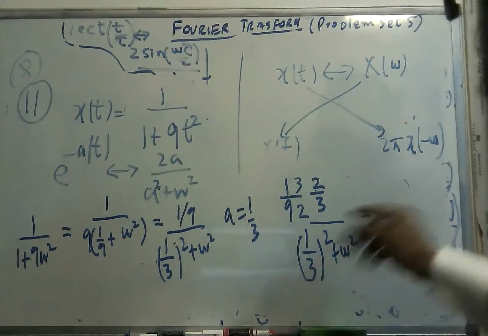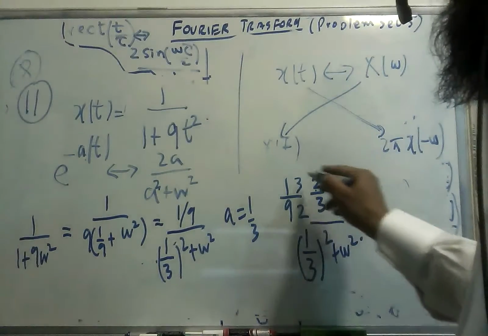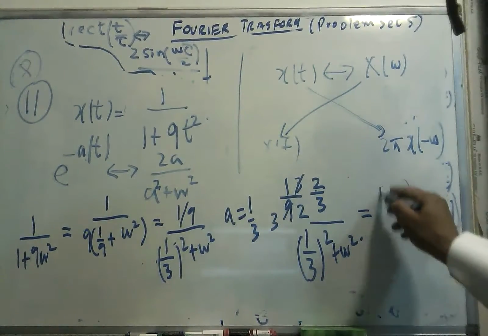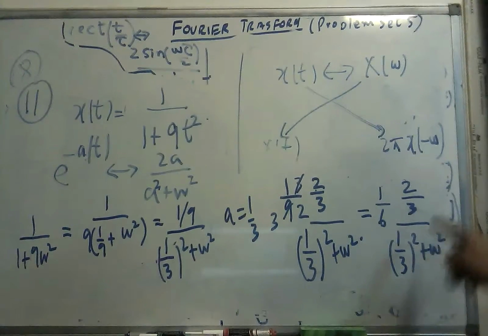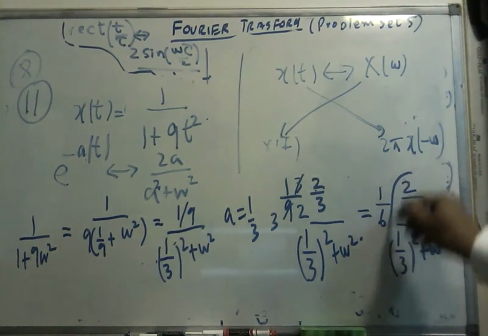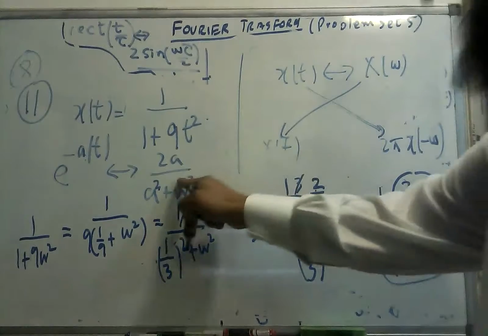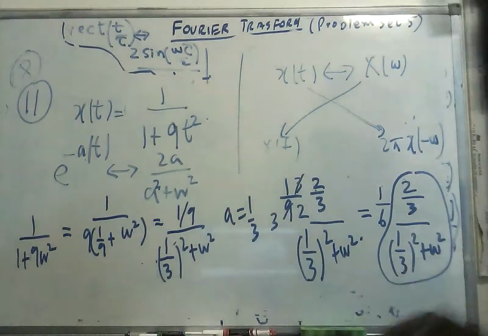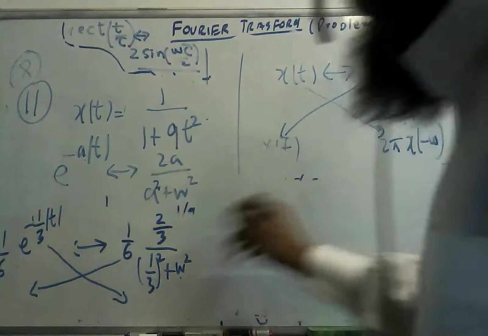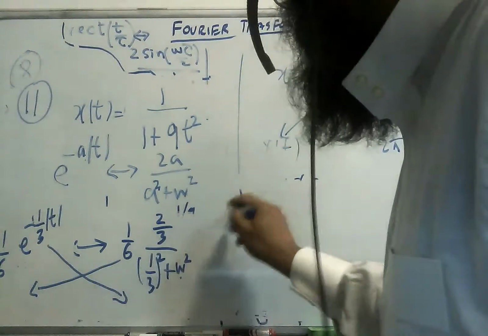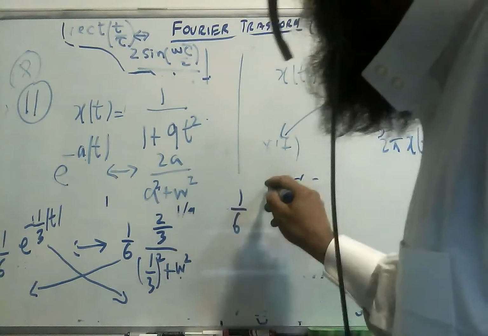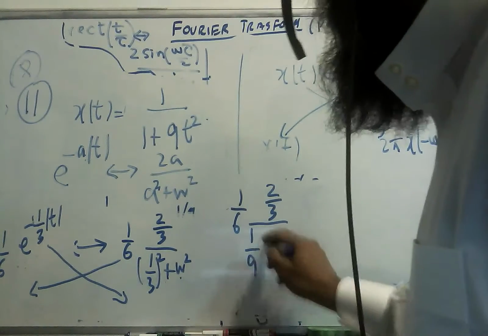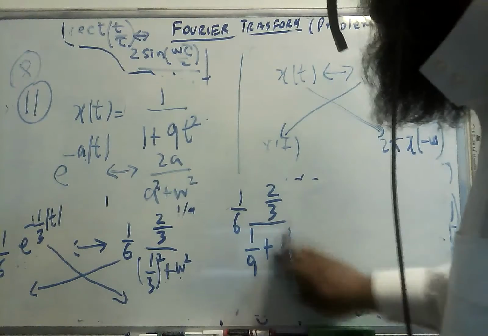So this is equal to 3, so this is equal to 1 over 6. So now this is same as this, so I can find the inverse of this. When I bring all of this here, it will be 1 over 6, 2 by 3, 1 over 9 plus omega square, t square.